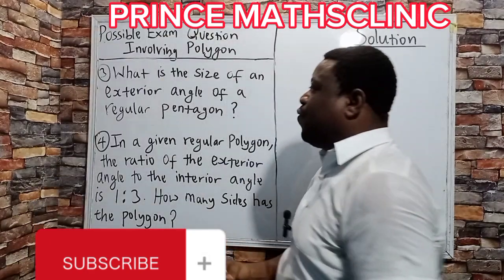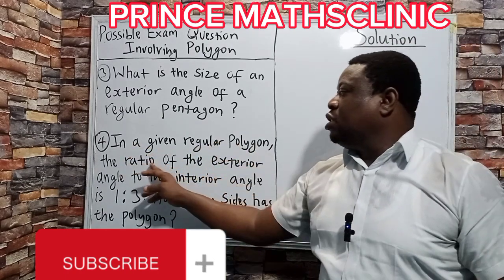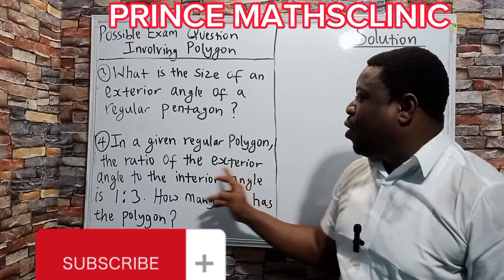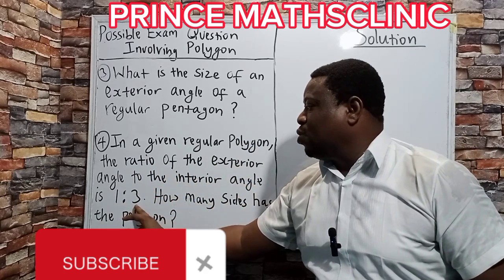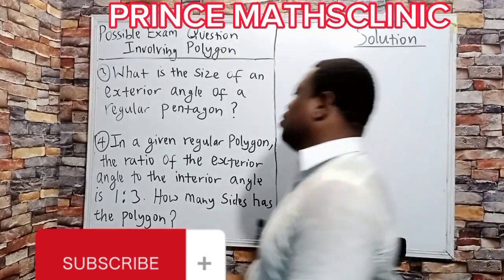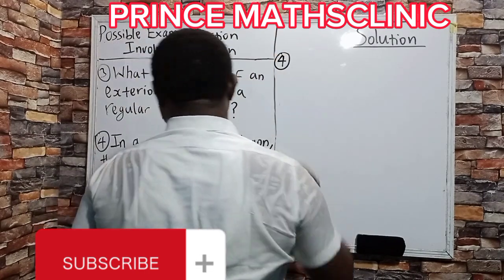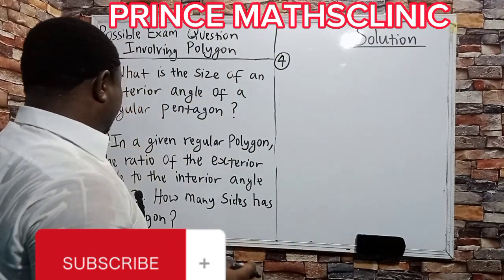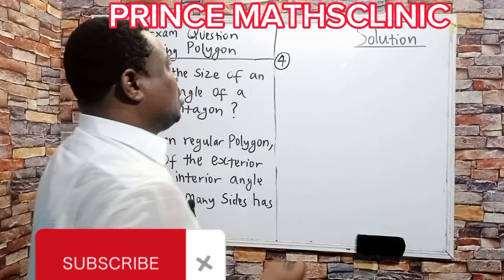Now let's look at the 4th question. It says, in a given regular polygon, the ratio of the exterior angle to the interior angle is 1:3. How many sides has the polygon? In this particular question, number 4, we are given that the exterior angle to the interior angle is 1:3.